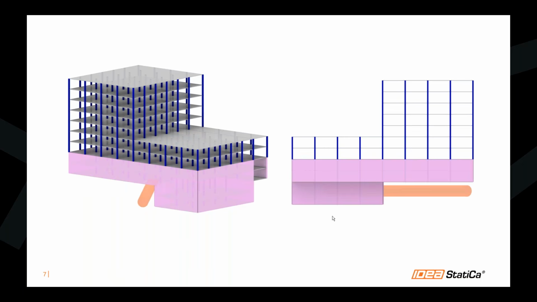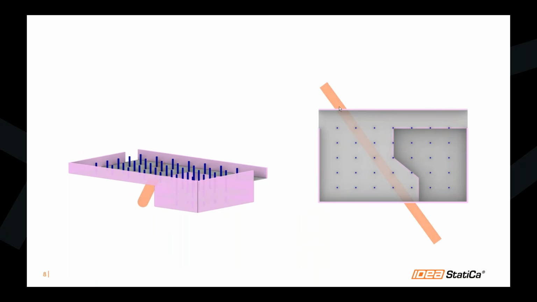But when they went into a more detailed design, they found out that there is a piping or a tunnel going under the building. If we see it from the top, it'll be something like this. So what's the consequence of this? First of all, the basement on this side cannot actually be built. It was moved to this side.